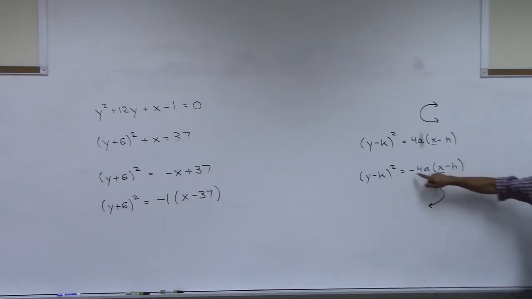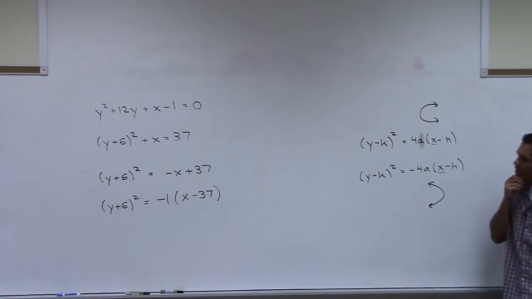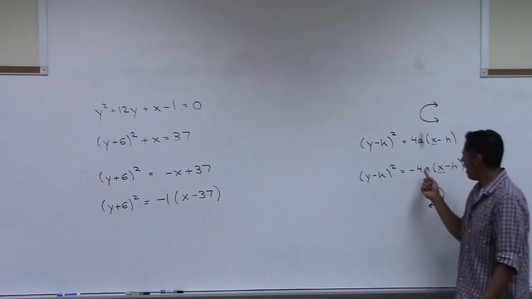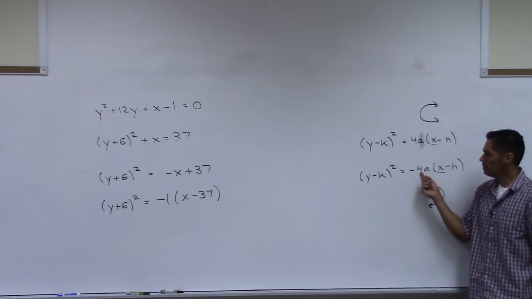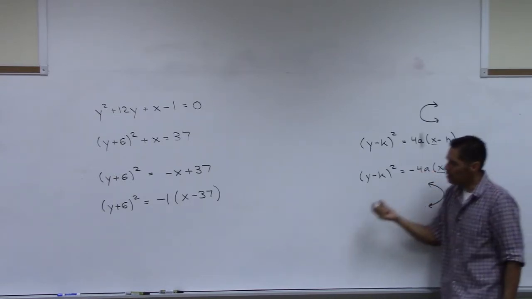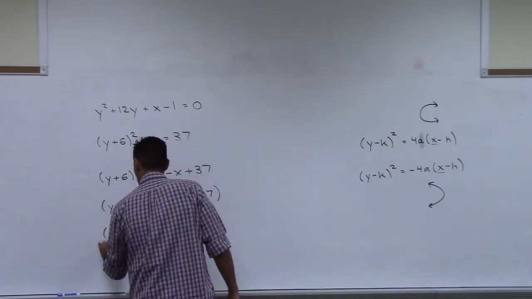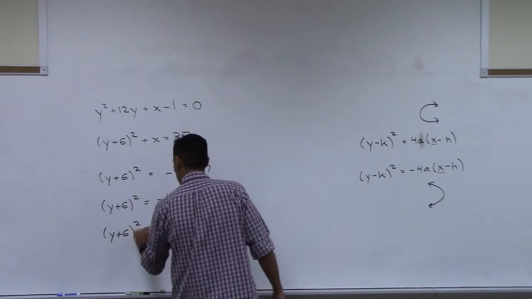So it's looking more like this one, isn't it? Than this, because this one has a negative out front, this one doesn't. All right. I have to have a 4 here, and then some number. But when I put those together, it needs to be 1. So how about this? See if this makes sense.